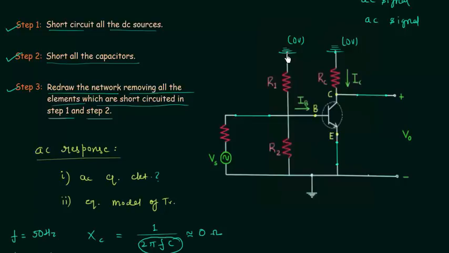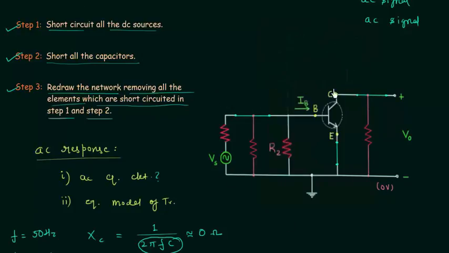Here the potential is equal to 0 volts, and at this point also the potential is equal to 0 volts, and the potential of this branch is equal to 0 volts, because it is connected to the ground. So we can connect this terminal and this terminal to this branch, and once we are done with it, the circuit will look like this. This is resistance R1 and this resistance is resistance RC.